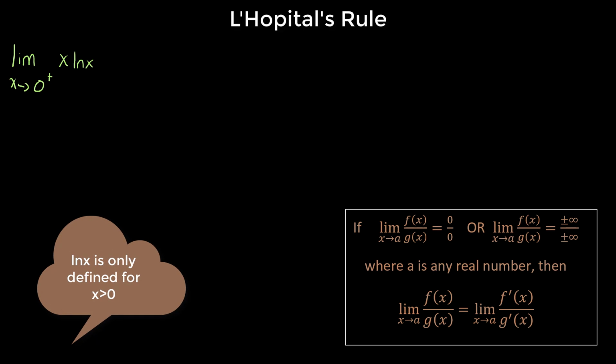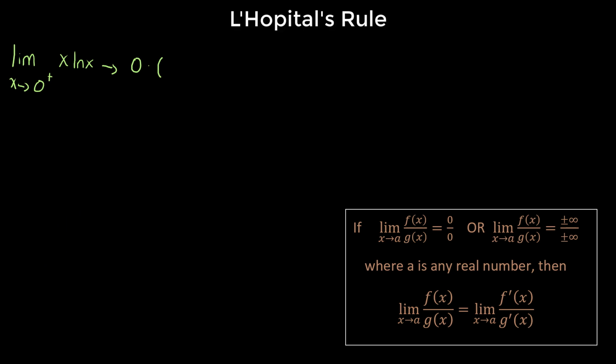If we were to compute this limit right out of the gate, we would see that x would approach 0. x is continuous on its own, so that would just be 0 multiplied by the natural log of x. If you know what the natural log of x looks like, just picture the graph. As we approach 0 from the right, we are approaching negative infinity. And so we have 0 times negative infinity. So this limit is in indeterminate form.